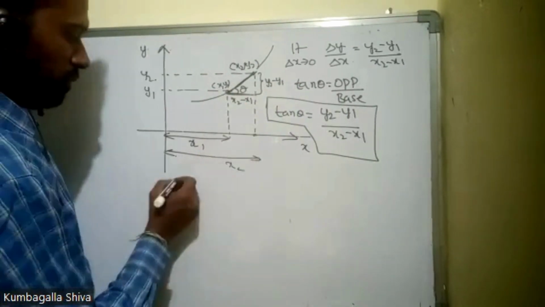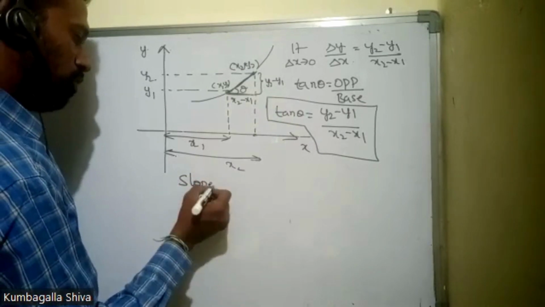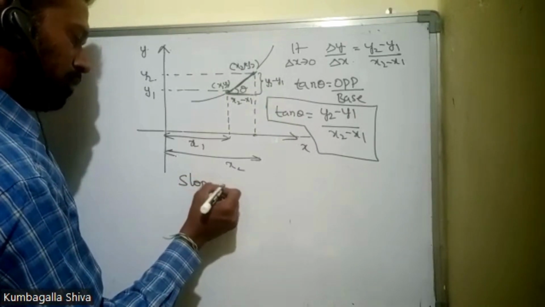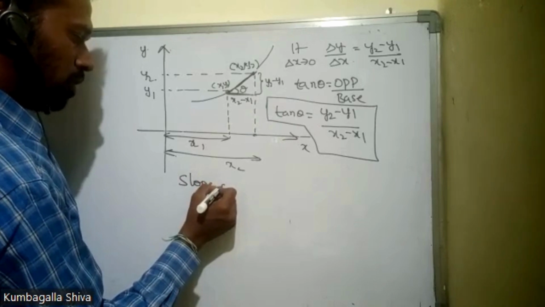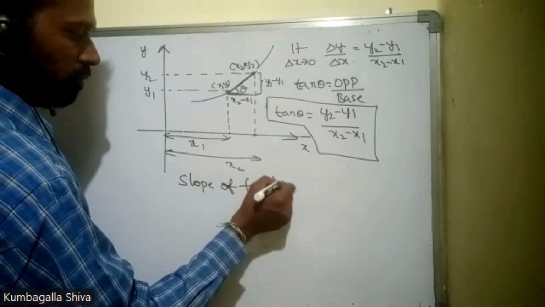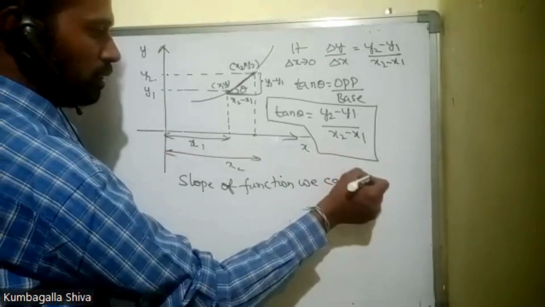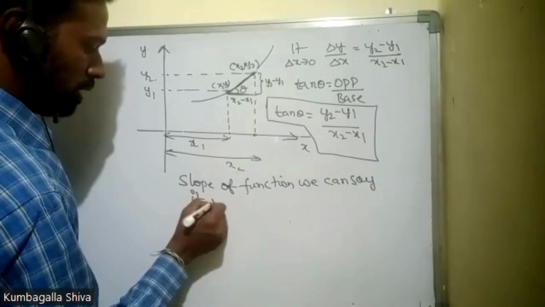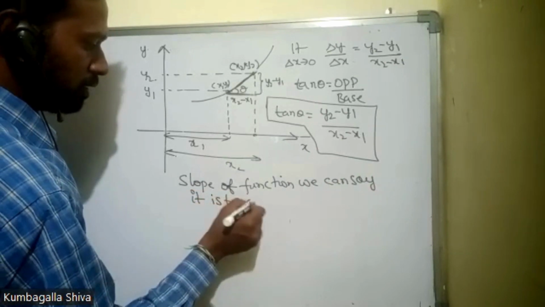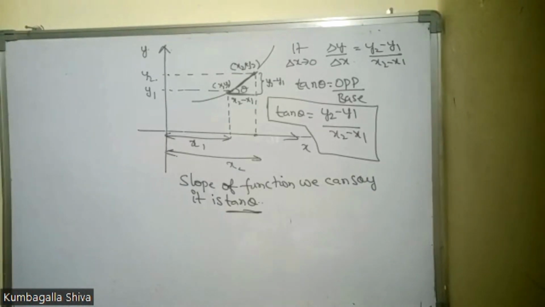So we can say the slope of a curve, or slope of a function, is tan theta. Are we clear?